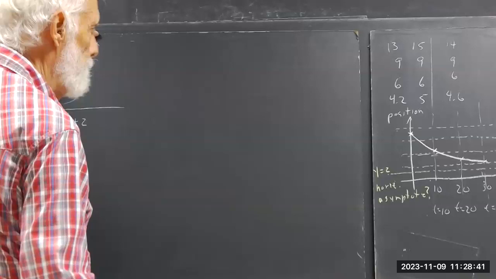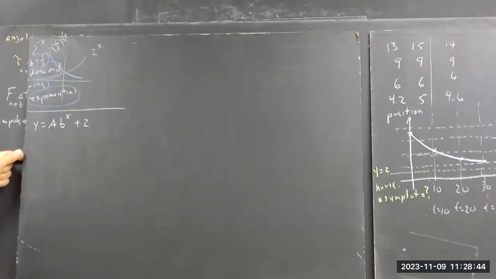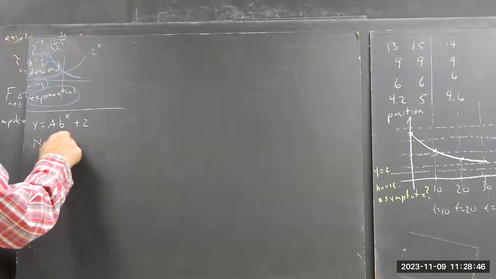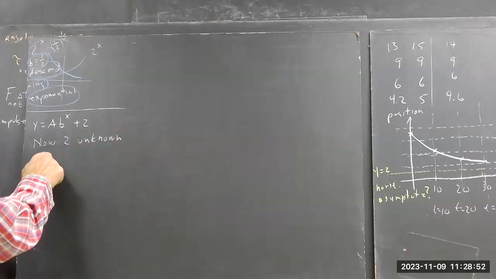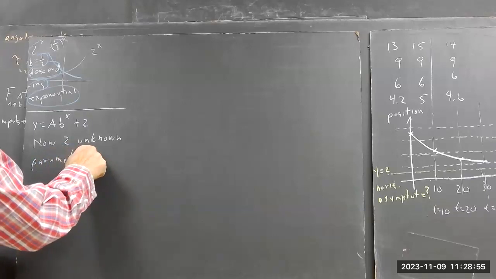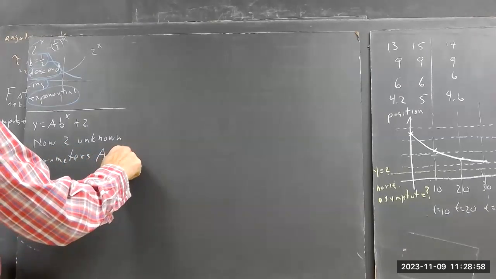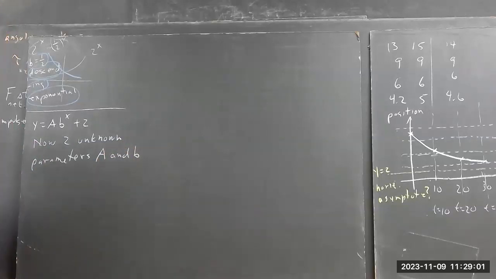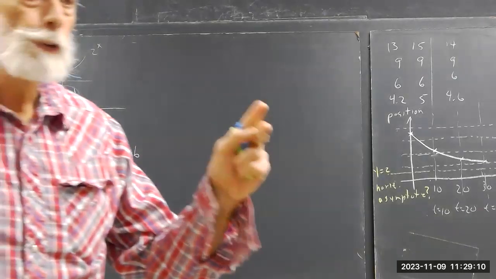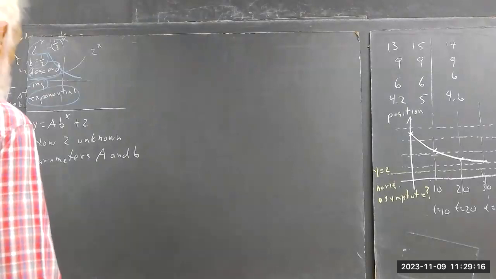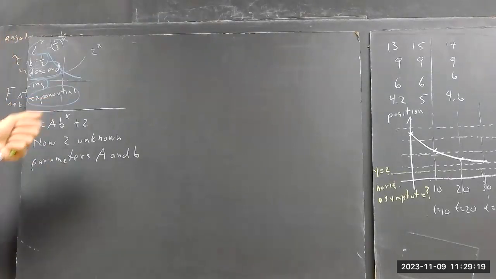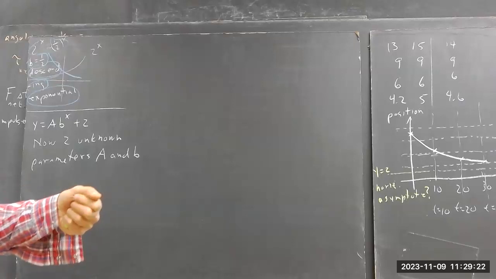Now we have two unknown parameters, which are A and B. If we have two unknowns, and if we know 2 points on the graph, then we can get two equations that allow us to solve for those two unknowns.